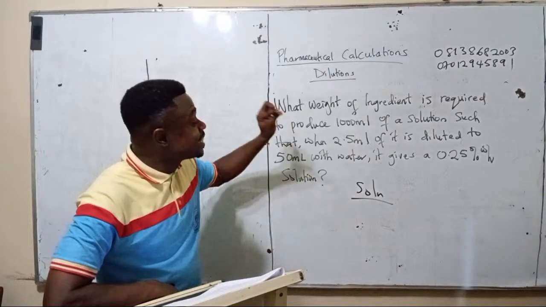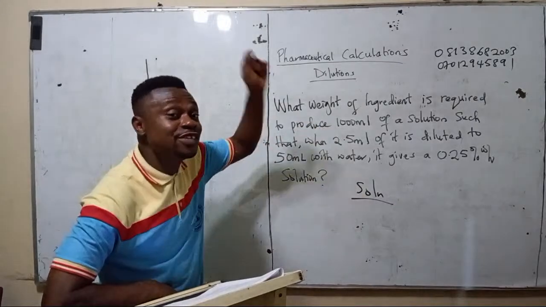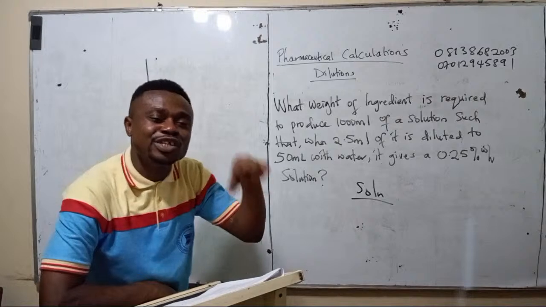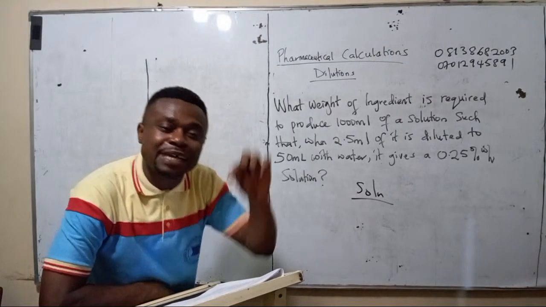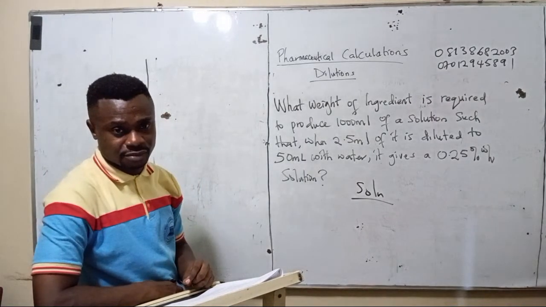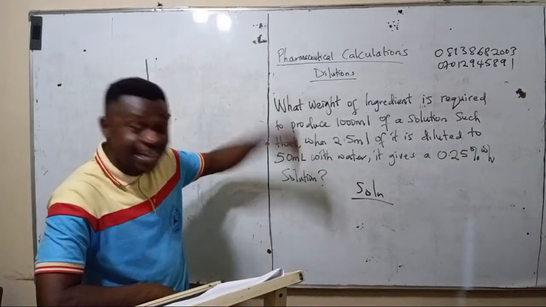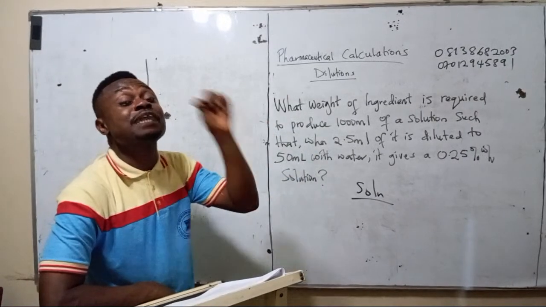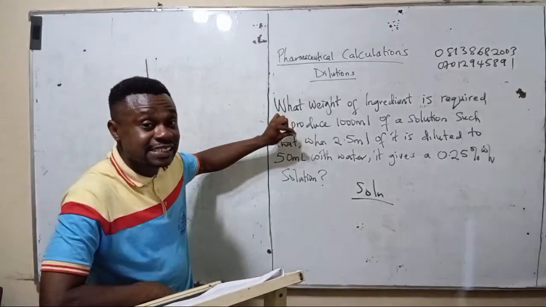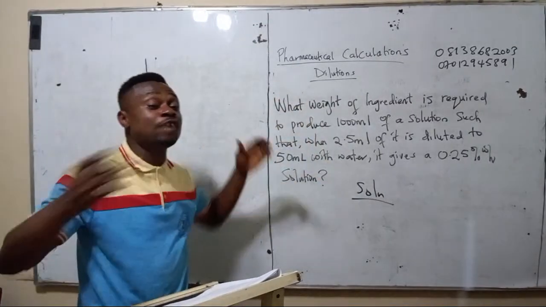Provided nothing was added or removed from it, if you take 50 ml from that stock solution, it will still give you the same concentration, and also the same amount of the ingredient, especially when you dilute it.